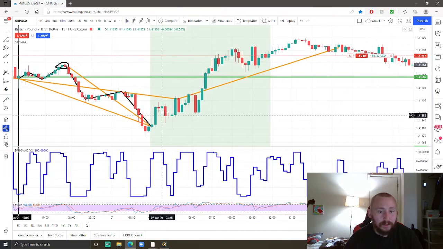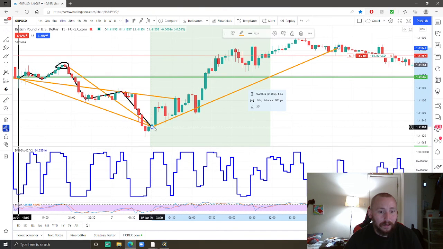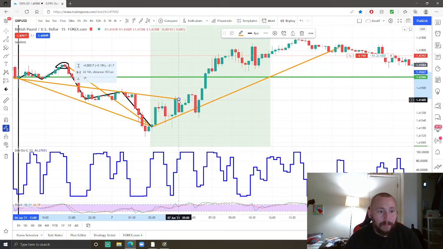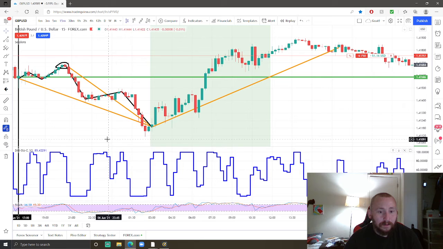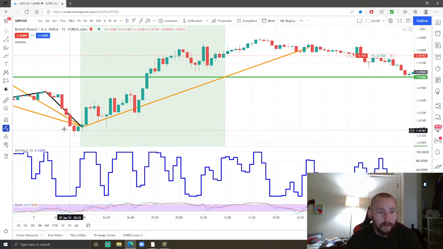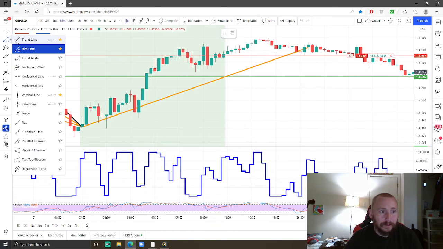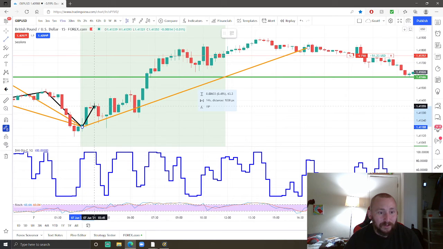Now with the London, you don't have to be as strict with the entry point. For the most part, if the 4 hour says it's going to go up, get in, right? From my experience. So we'll go with price action on the 15-minute chart, see how many failed retracements we get. And I still like doing this because it helps me psychologically.